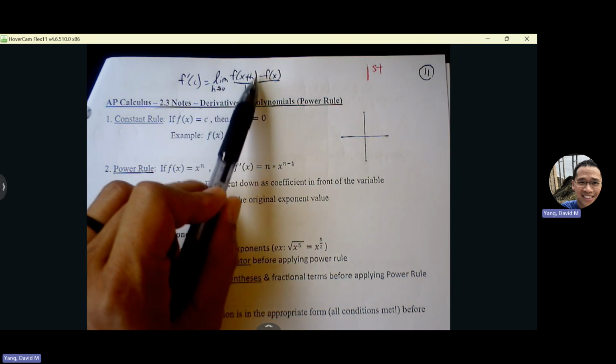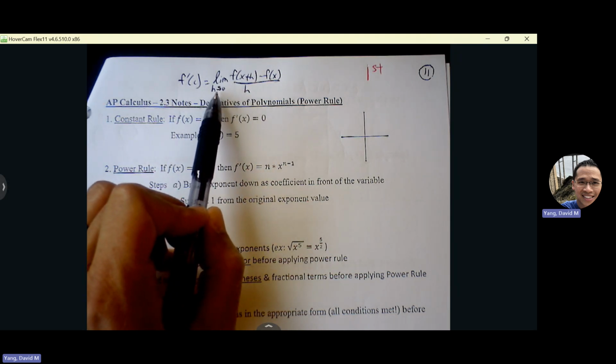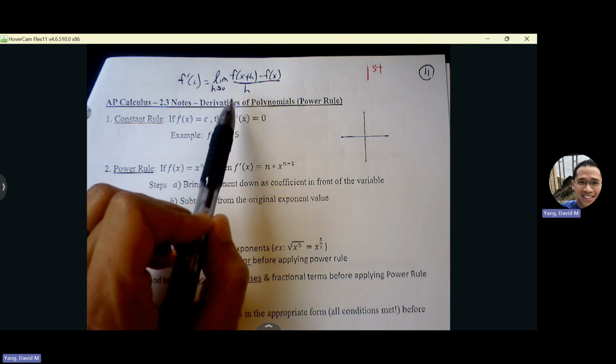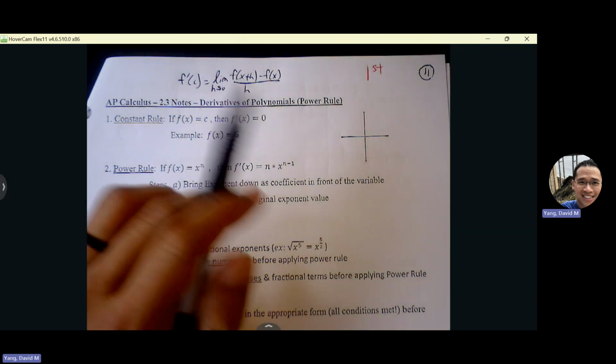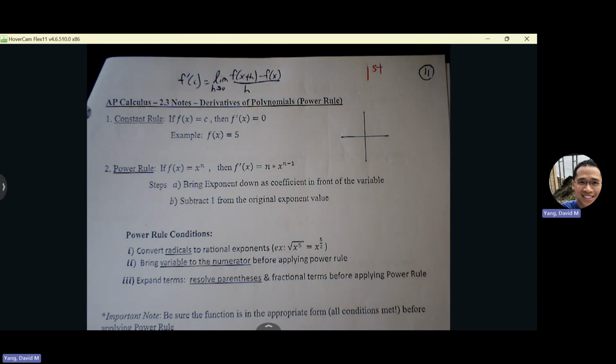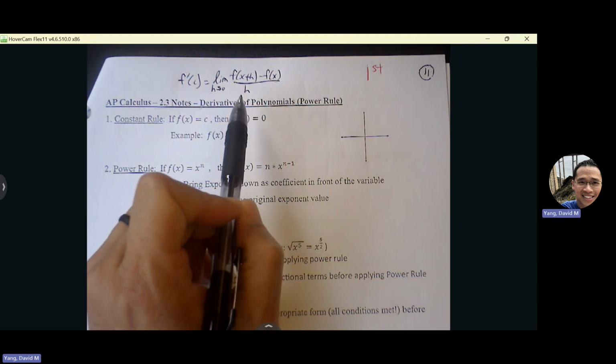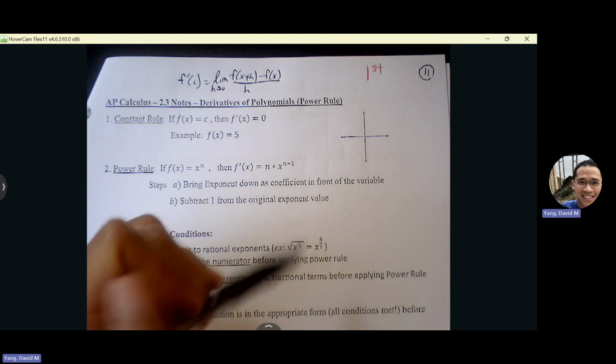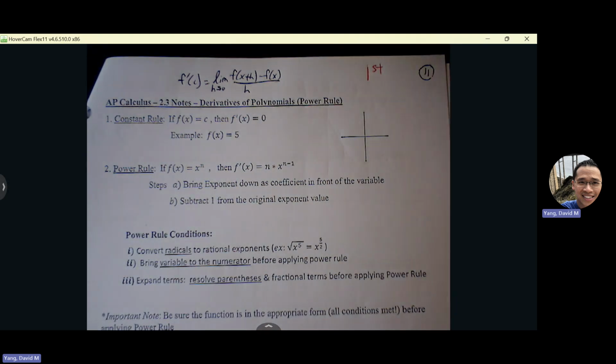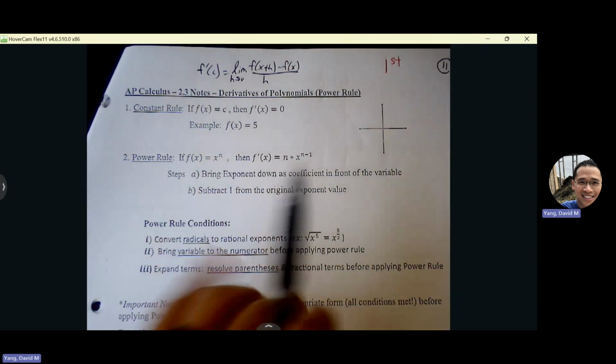As long as we recognize this is talking about the slope of some curve at a point, that's really all we need to know. We're not going to use this formula to find the derivative on the AP exam. We have a much more efficient way, and that's what we're going to talk about today. It's called power rule.